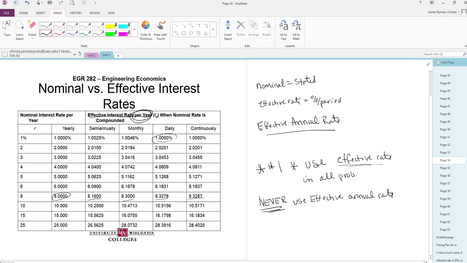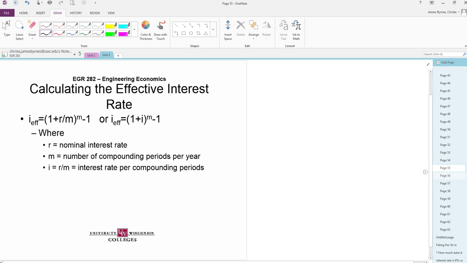Nominal is stated, effective is what we pay, the effective rate. The effective annual rate is truly what we pay. So we can always go back and look at this table, but it'd sure be nice to figure out how we could calculate that. And here's how we calculate it. The effective annual rate is 1 plus the stated rate over the number of compounding periods per year, raised to the number of compounding periods in a year, minus 1.